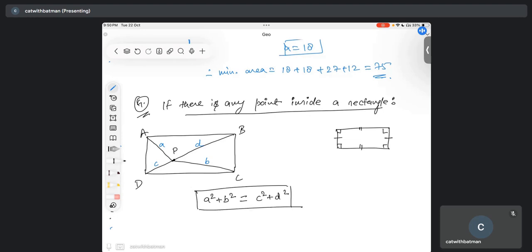And this is called the British flag theorem. This is the result of that theorem.